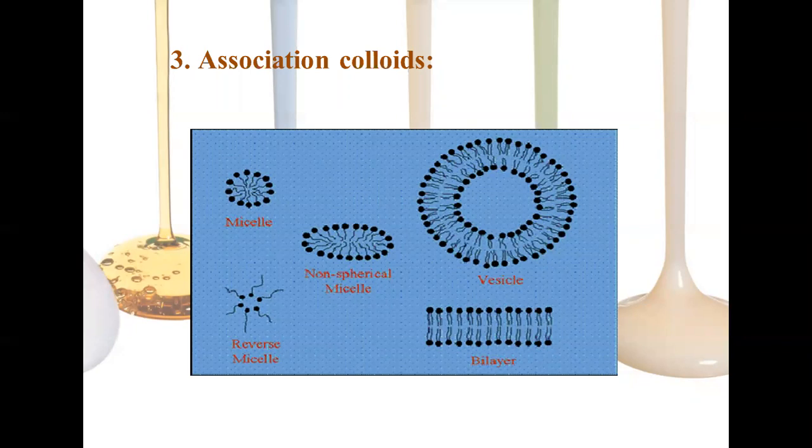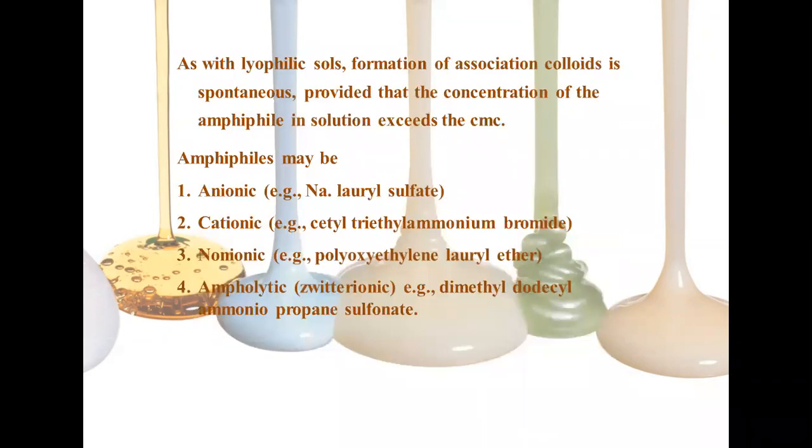In my previous classes, I have already covered the lyophilic, lyophobic, and association colloids. As with lyophilic sols, formation of association colloids is spontaneous, provided that the concentration of the amphiphile in solution exceeds the critical micelle concentration.